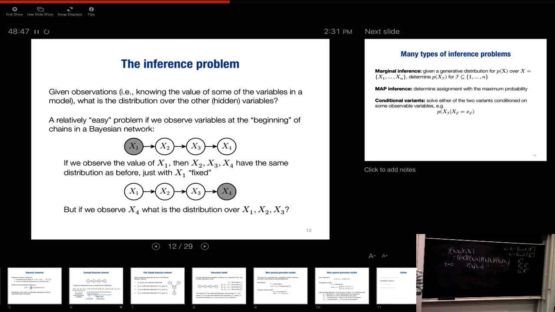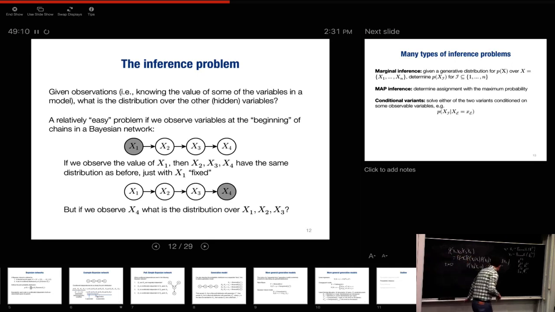So now a little bit harder problem though. What if we observe x4? How do I come up with a distribution over the remaining 3 variables if I know x4? Any guesses? Yeah. So Bayes' rule. Okay, great.